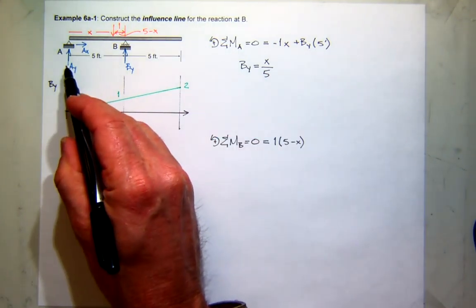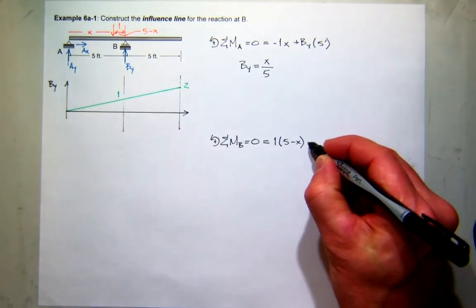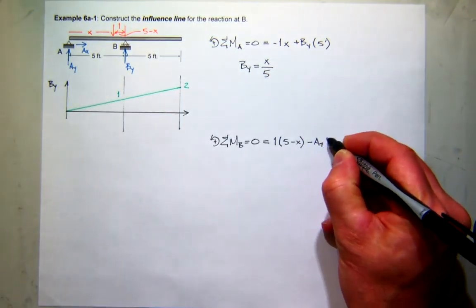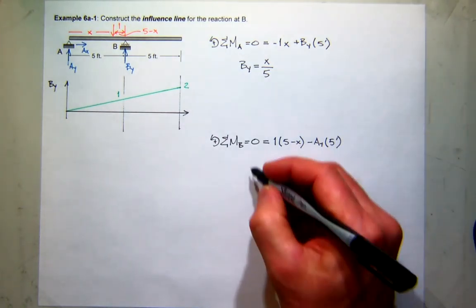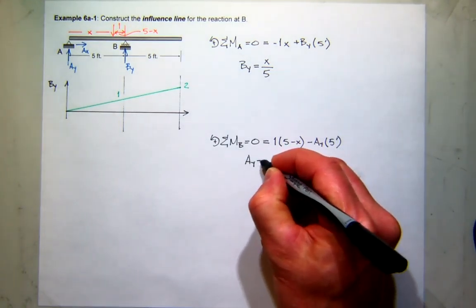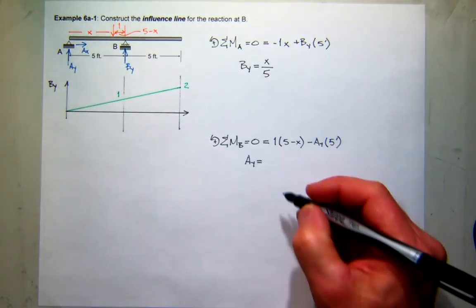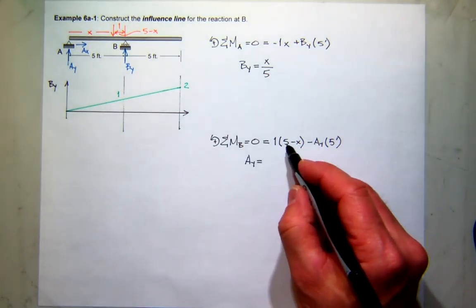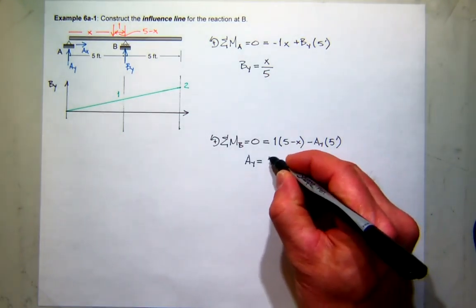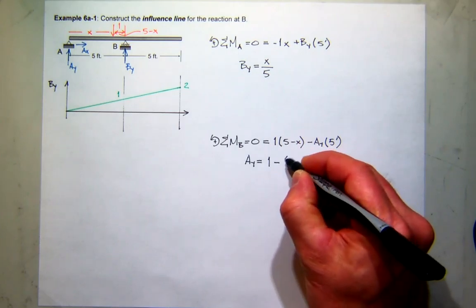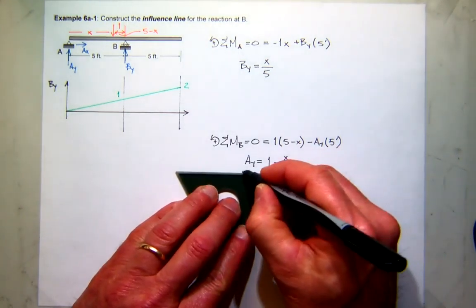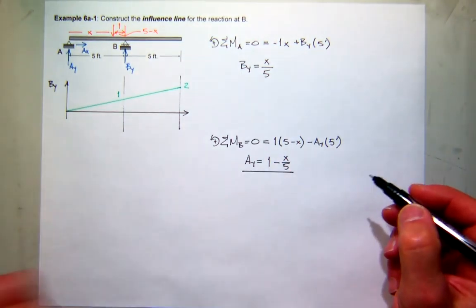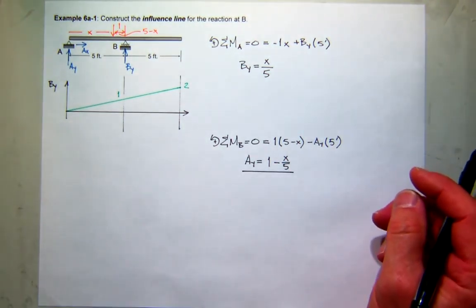And then I have AY creating negative moment times a moment arm of 5. So when I solve for AY, looks like I get 5 minus x divided by 5, which is 1 minus x over 5. Does that look right? Yeah. So let's plot that.